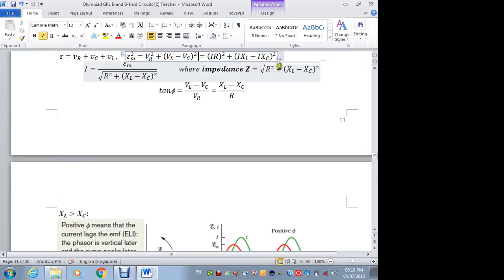So the minimum value that you can have for Z is when XL equals XC, where your impedance is just equal to R. That's the smallest impedance. So when the impedance is smallest, your current will be largest. That's when you will need to apply this most of the cases.